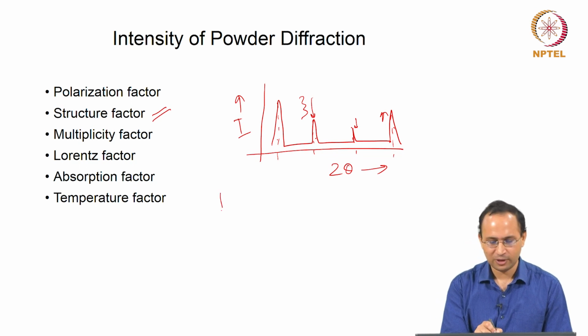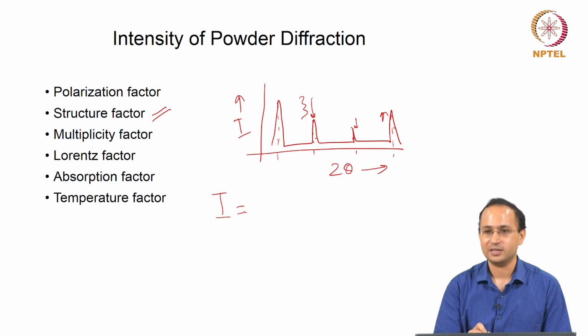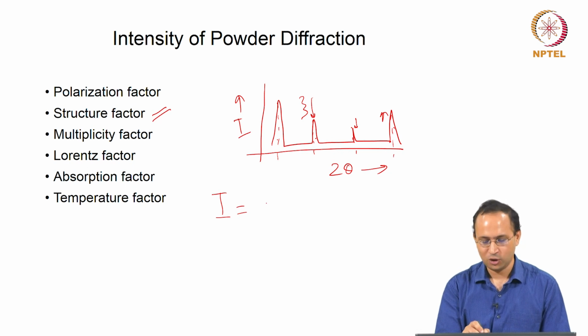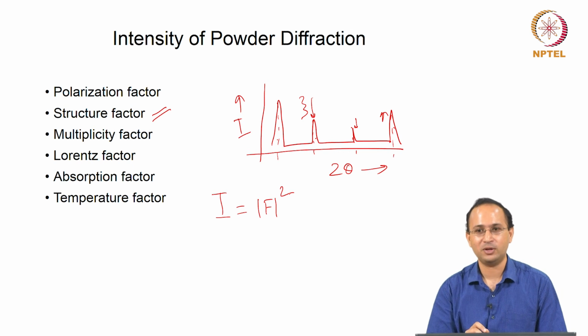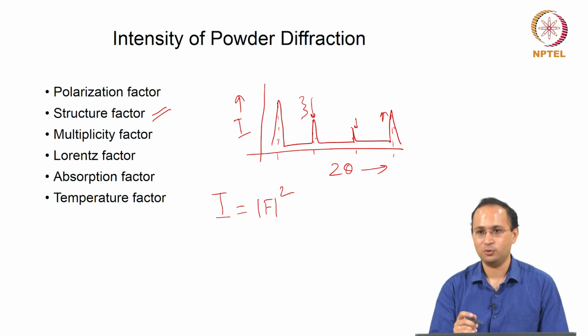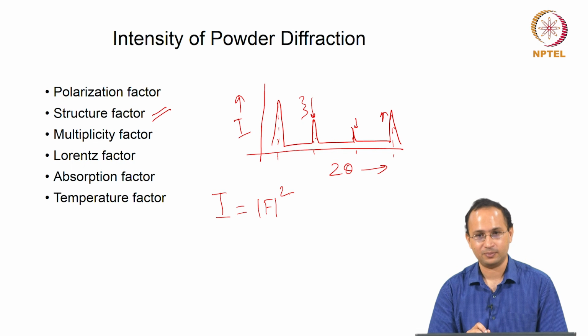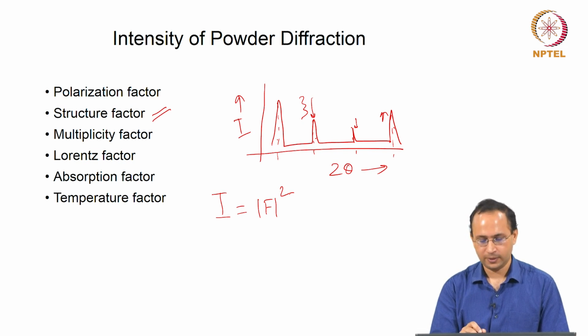In general, if you have to write this intensity in simplistic terms, you already know the structure factor you have calculated. Intensity is proportional to the structure factor squared. You remember when we did classroom exercises, you calculated the structure factor, then we said structure factor to the power 2. Then you have a multiplicity factor M for a given HKL plane.